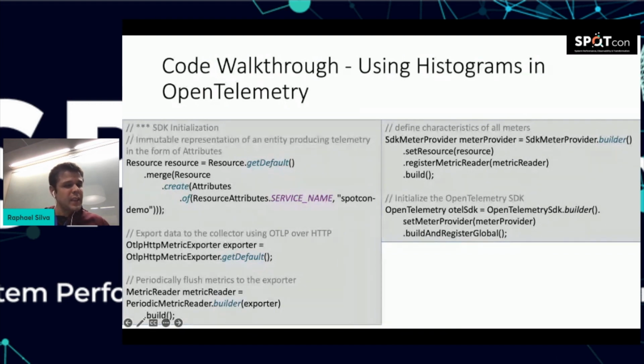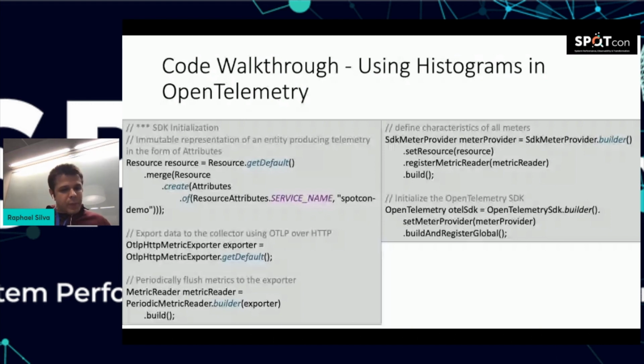In practice, how this works is that resource attributes will be available in the telemetry signals that you produce in the end. They will be injected in those signals. So, for instance, we are going to see next that the service name property will be available in the histogram that we are going to create next.